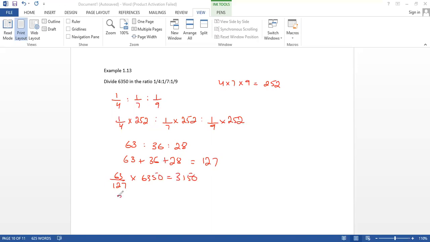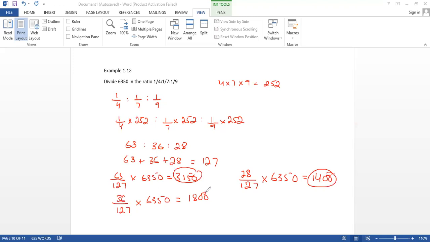Similarly, we'll do it for the second one and then for the third one as well. For 28 over 127, we get 1,400. Again, you can check that 1,400 plus 3,150 plus 1,800 should be equal to the sum of 6,350.